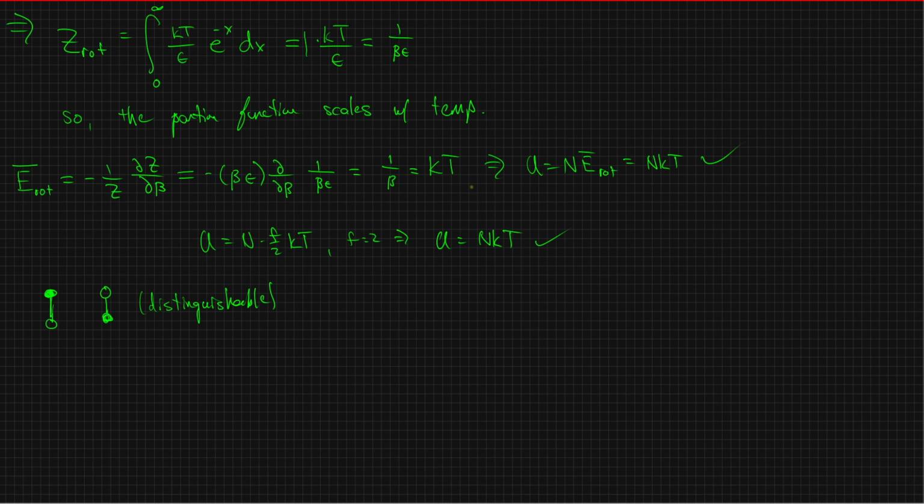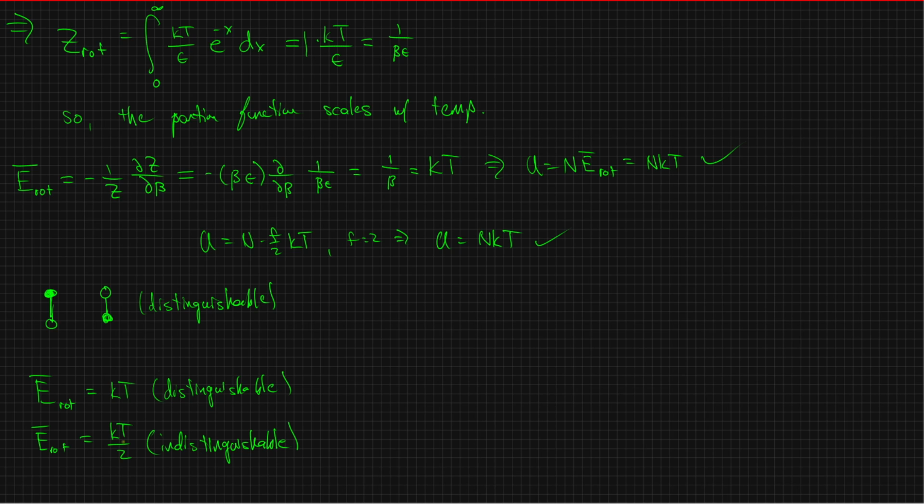So basically we'll have that this rotational average energy is going to be k times T if they are distinguishable, and it'll be just itself divided by 2 if they are indistinguishable.